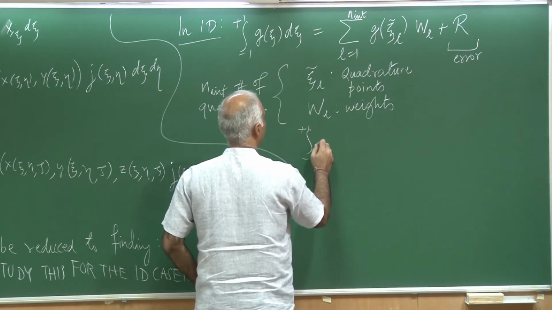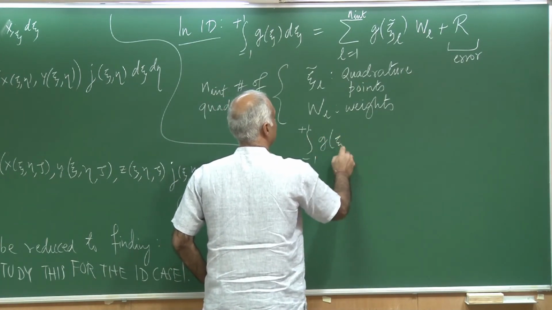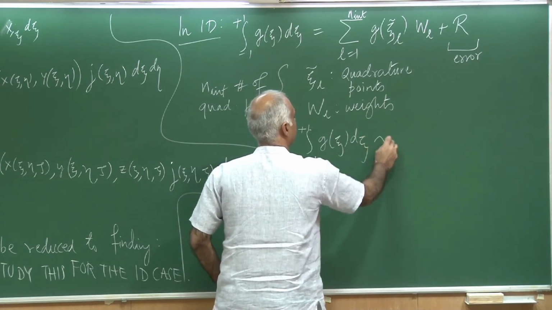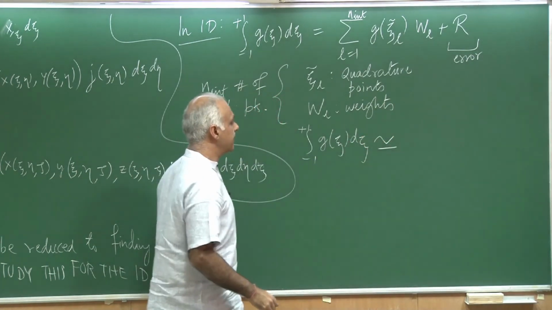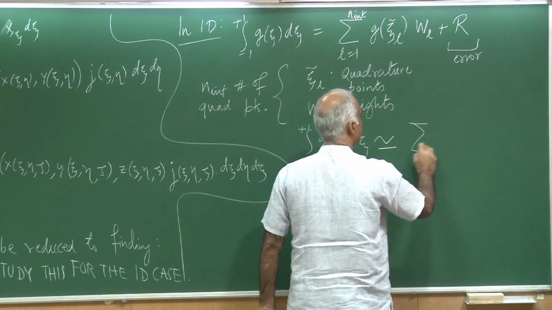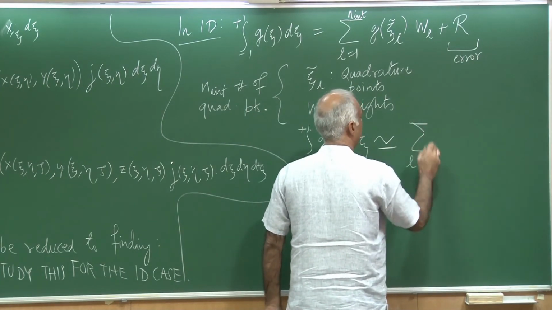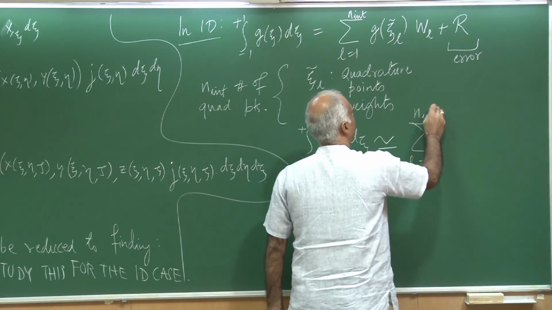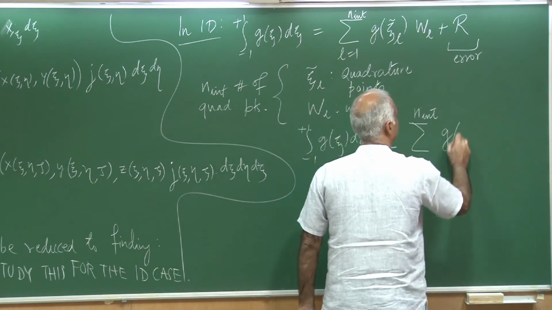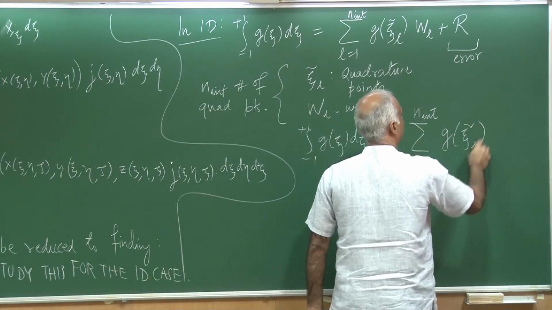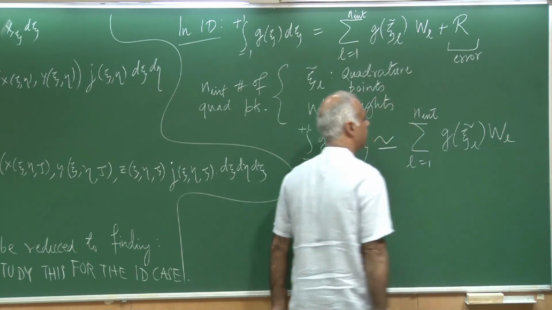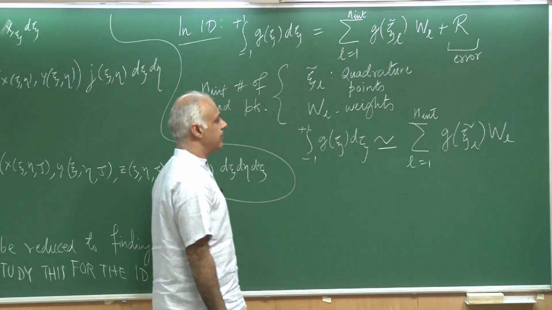So the integral from -1 to +1 of g of xi d xi can now be approximated with this numerical integration, L going from 1 to n int, g of xi L tilde times W L. Okay.